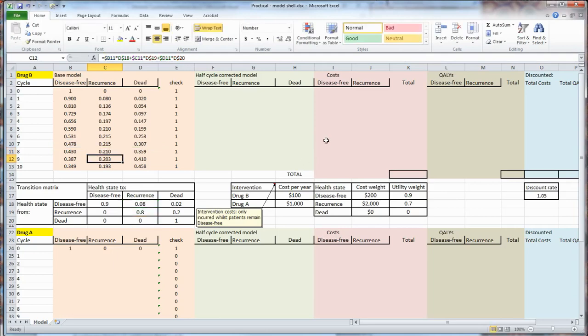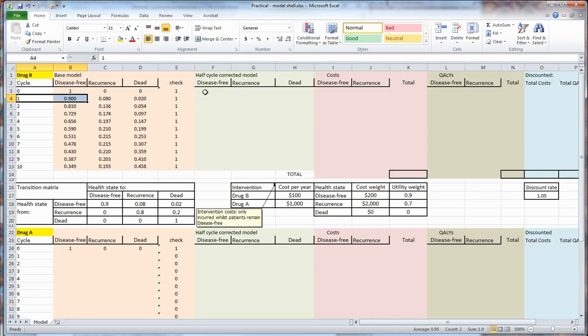So that gives us our base model. So this is basically giving us the proportion of patients in each state at the beginning of each cycle. So the beginning of cycle 0, everyone's disease-free. Beginning of cycle 1, 90% are disease-free, 8% are in recurrence, and 2% are in dead, and so on.